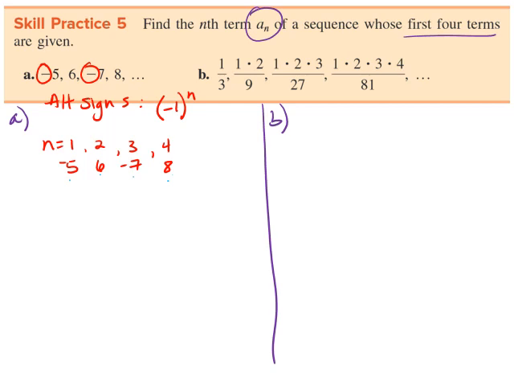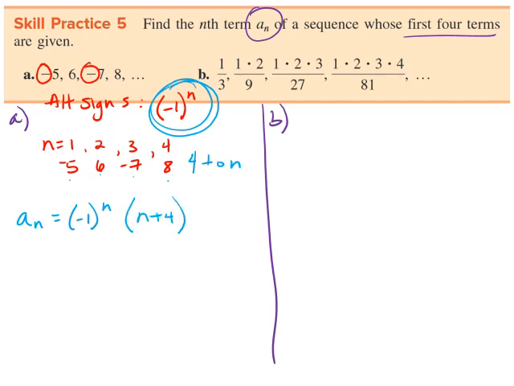So what we've done is we've added 4 to n each time and then attached this. So a sub n is equal to negative 1 to the nth power times n plus 4. And you can easily check this by plugging in these values and hoping you get these.